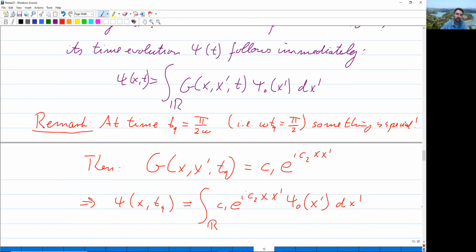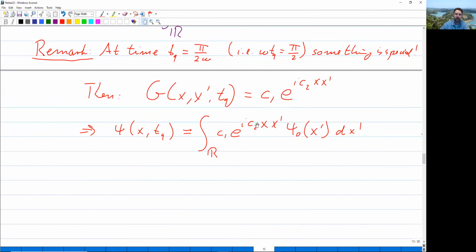So apart from these constants c1 and c2, which we can give any numerical value we want just by choosing the units the way we want, we obtain that this is the Fourier transform of psi naught of x prime.